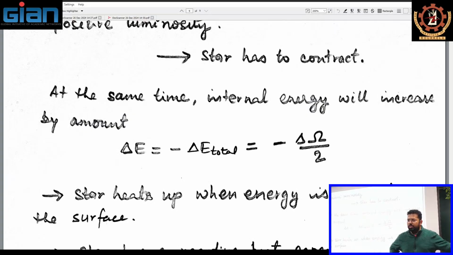Is it possible that the cup of tea is losing energy and at the same time increasing its temperature? If yes, first of all, do we have that situation? Question number 1. And second, if yes, what is very special about that cup of tea?